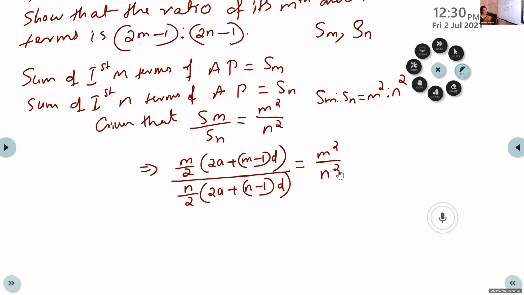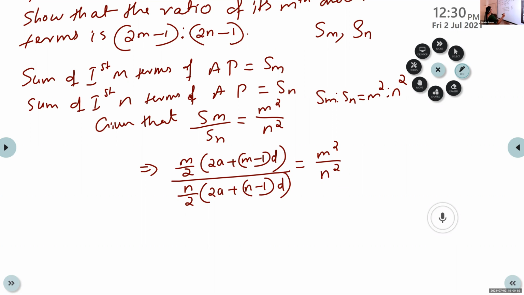Just applying the formula, then simplification. Here 1 by 2 we can cancel, in both numerator and denominator.